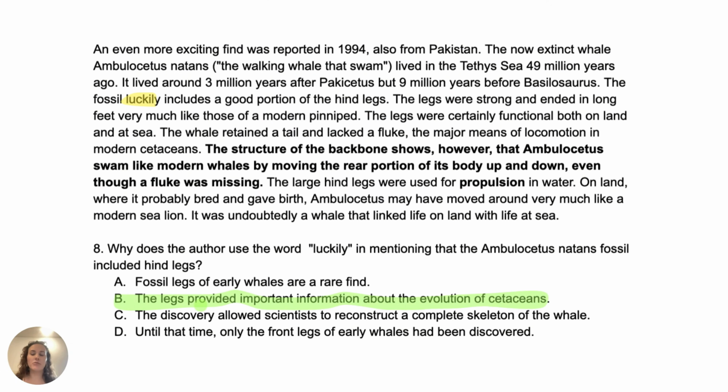Choice B, the lakes provided important information about the evolution of cetaceans. And remember, that's our main idea. The evolution of cetaceans is the main idea. So B fits very nicely with that main idea.